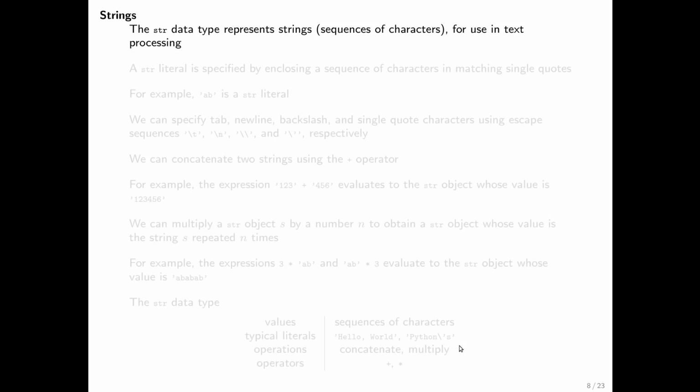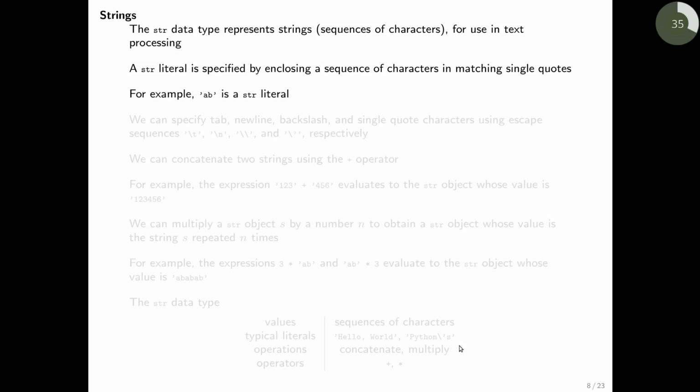A string is nothing but a sequence of characters which you typically use in text processing. Now, a string literal is specified by enclosing a sequence of characters in matched single quotes. So that's how you construct a literal string. For example, AB enclosed in matched single quotes represents a string literal.